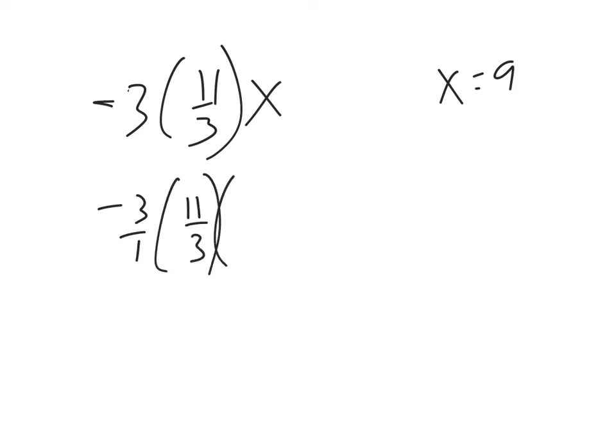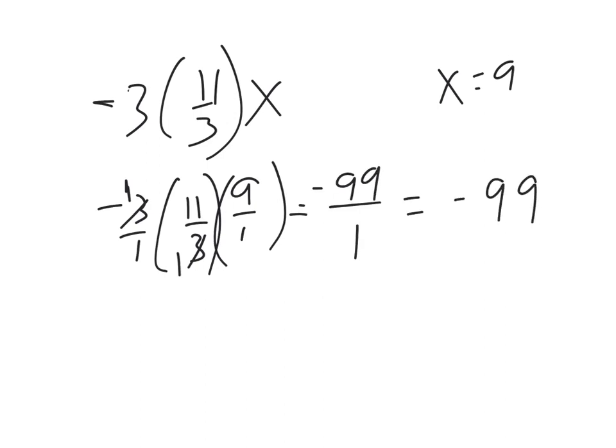And can I put this 9 over 1 as well? I sure can. Don't forget that. So now my 3's will cancel, right? You guys remember doing that? So now I got all 1's on the bottom. I've only got 1 negative, so it's going to be negative. And then I got 1 times 11 times 9. Well, isn't that 99? So my answer is negative 99 there. Okay. Don't forget how to multiply fractions.